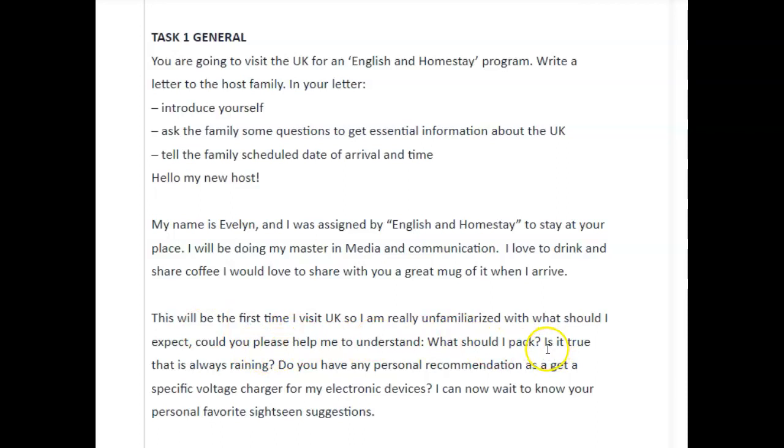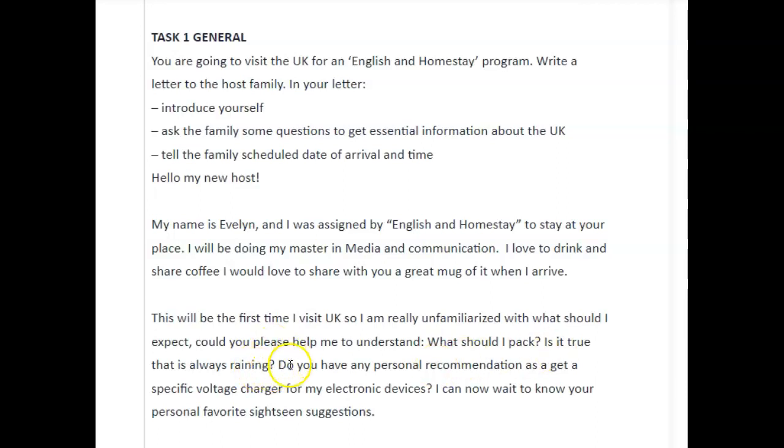So here, instead of saying, is it true that it is always raining? You could have said, I have heard that it is always raining. I would like to know if this is true. I would like to know is a really nice way indirectly of asking a question. Okay.